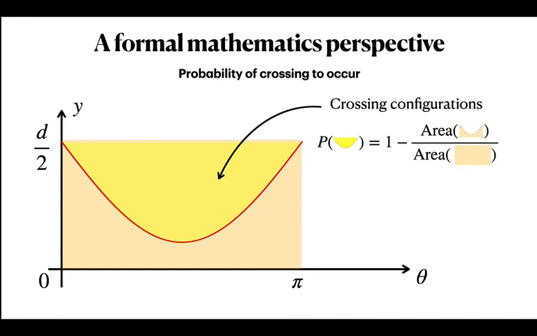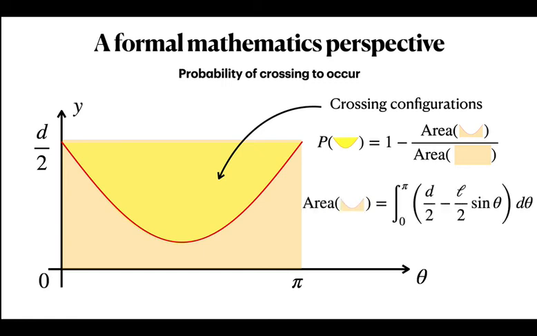Now the difficult part could be if you do not know how to calculate the area under a curve. I remind you that we know the equation for the curve drawn in red here. This is simply y mean, so y is equal to d over 2 minus L over 2 sine theta. The way to calculate this is related to what is called the fundamental theorem of calculus.